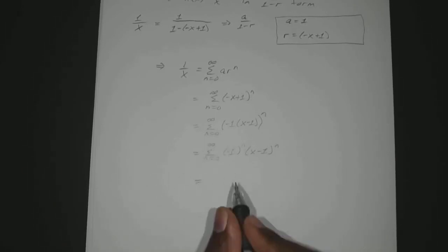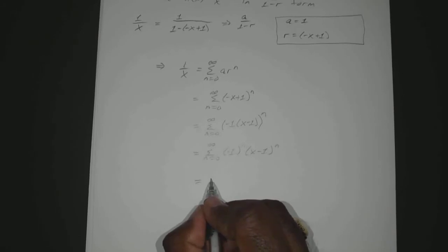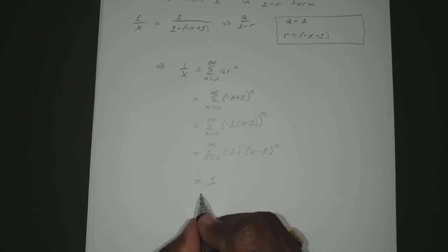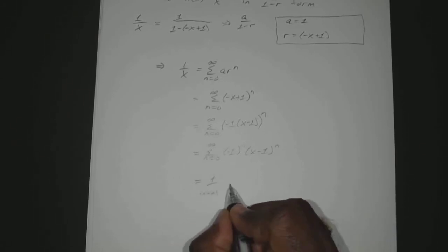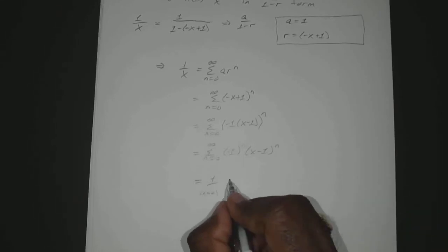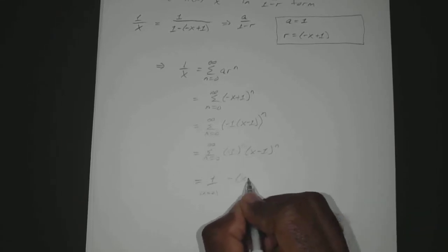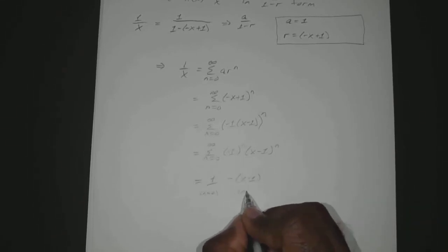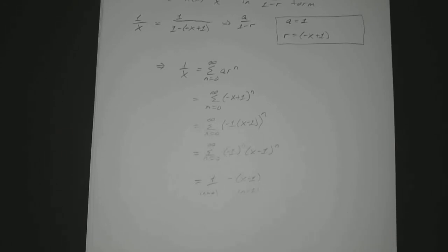Okay, so that's going to equal, if you plug in n equals 0, you get 1. If you plug in n equals 1, you get negative x minus 1.